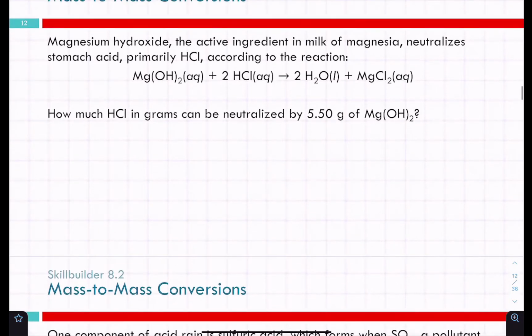Okay, so magnesium hydroxide is the active ingredient of milk of magnesia, which neutralizes stomach acid, primarily hydrochloric acid, according to the following reaction. So how much hydrochloric acid in grams can be neutralized by 5.50 grams of magnesium hydroxide?